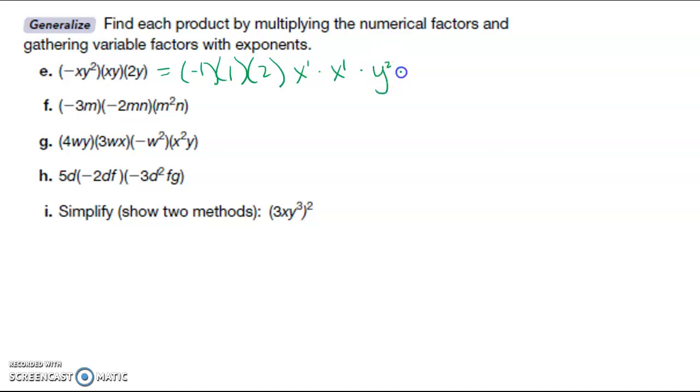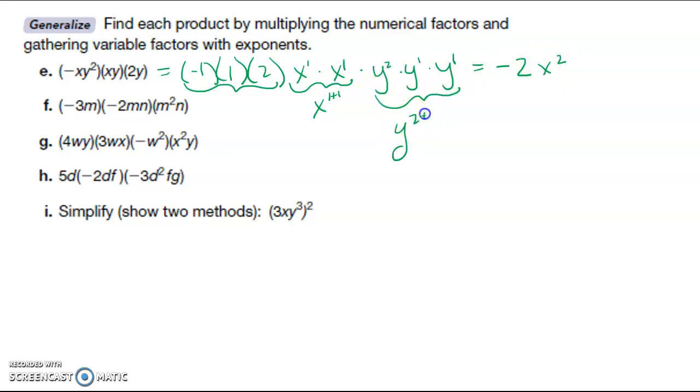Then y squared times y to the 1 times y to the 1. So let's multiply this out. Negative 1 times 1 is negative 1. Negative 1 times 2 is negative 2. Then we have x to the 1 plus 1, which is x squared, and y to the 2 plus 1, which is y to the 4th.